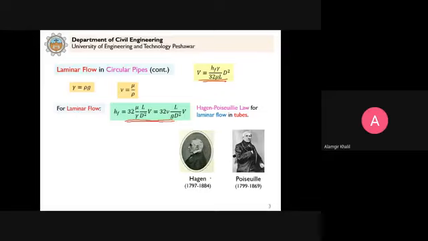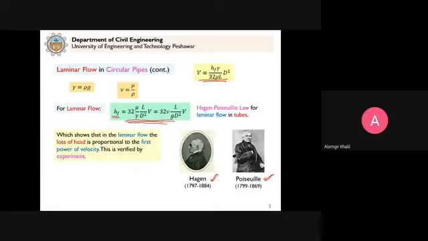Hagen was a German engineer and Poiseuille was a French scientist, a medical doctor, and they independently conducted experiments and developed these equations. That's why this equation for head loss HF is known as the Hagen-Poiseuille law.